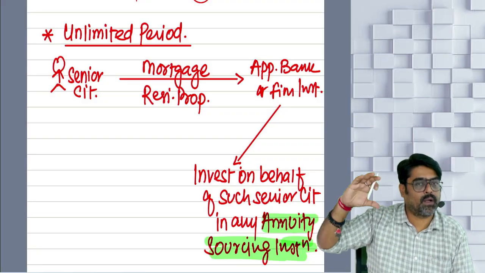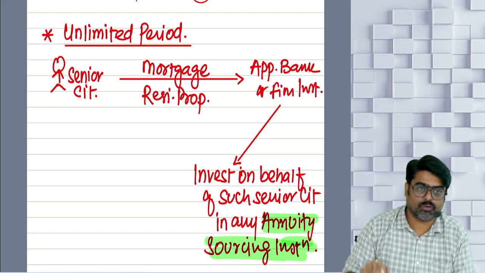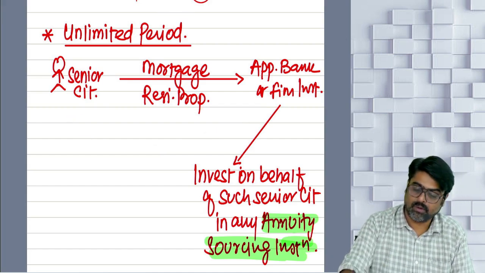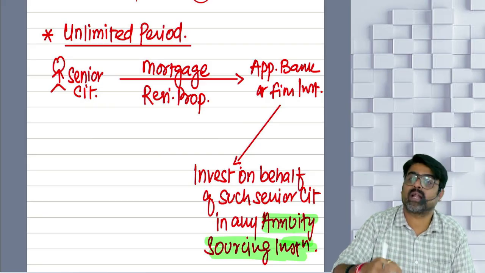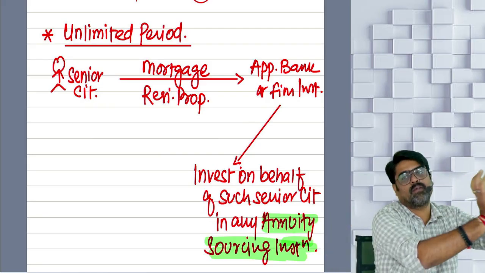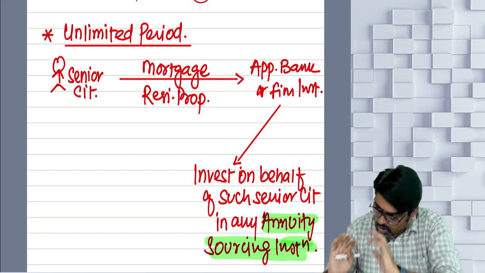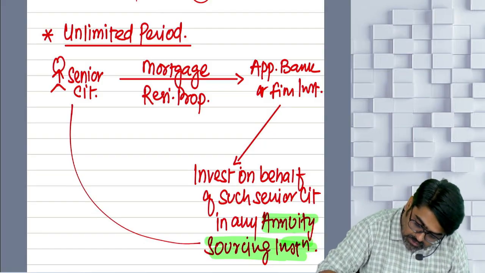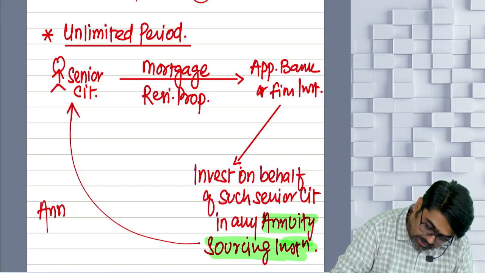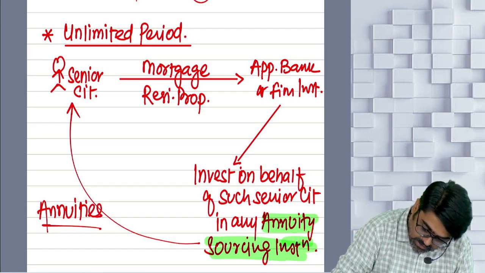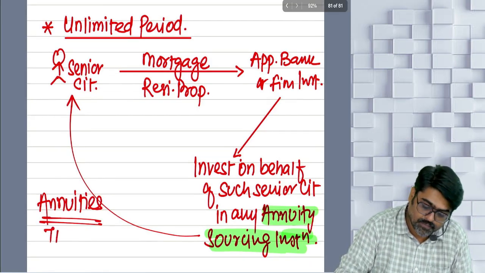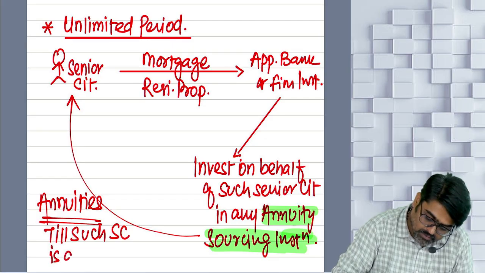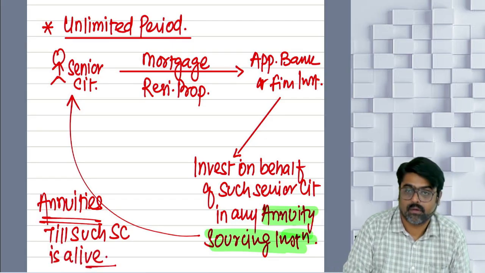So that mutual fund or insurance company is known as an annuity sourcing institution. So whatever amount we were supposed to give you, we are not going to give you that amount. Instead, we will invest that loan amount on your behalf in an annuity sourcing institution, so that regular annuities, meaning pension, are given to you till such senior citizen is alive. Till the time you are alive.